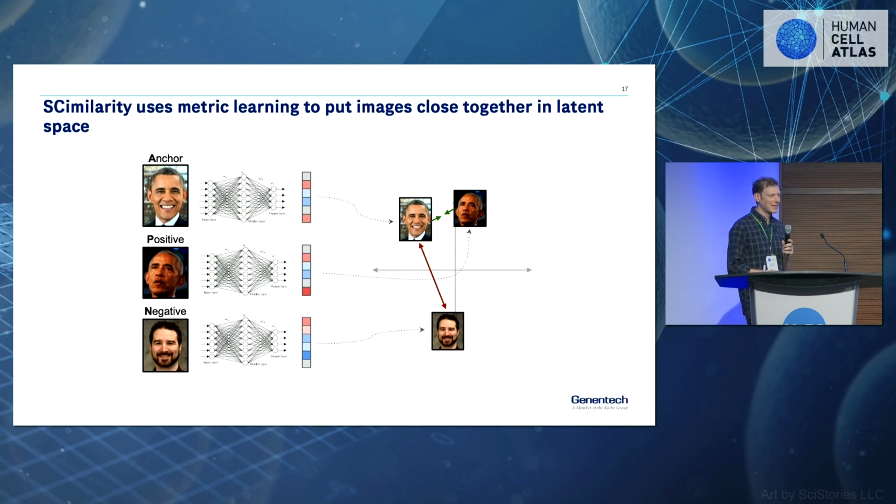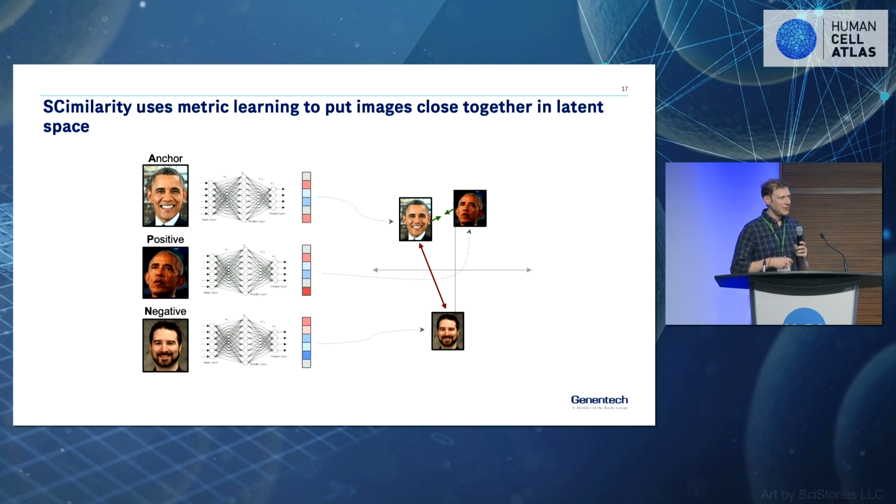This technique, metric learning, is borrowed from facial recognition. You take images of people, and the model is trying to place pictures of the same person closer together than pictures of different people.